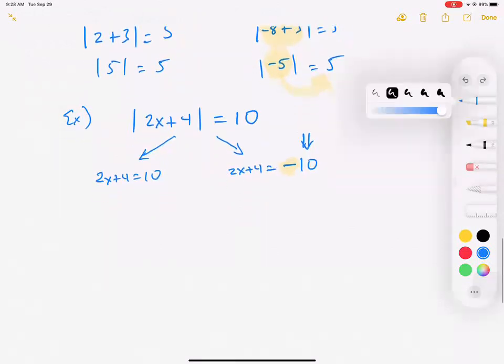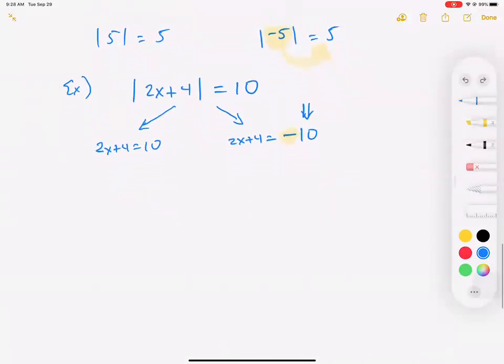All right, let's go ahead and solve the problem separately. Go ahead. Why don't you guys take 30 seconds and solve these two problems separately.